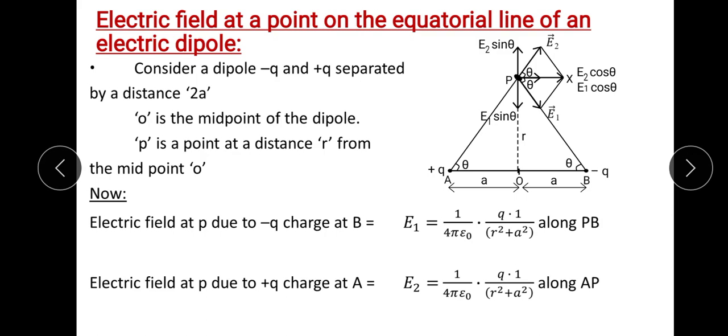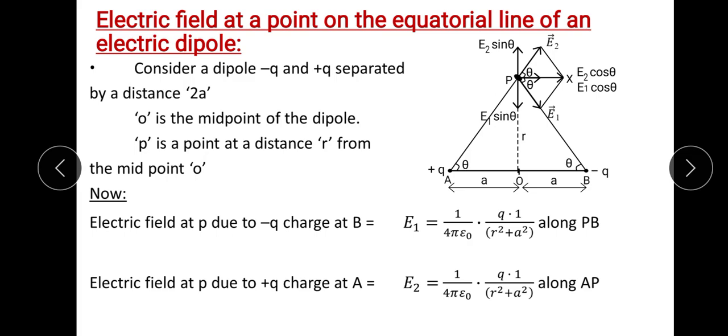Now, the point P is on the equatorial line and we should find the electric field at this point due to the two charges. So before going to that, let us find the distance of this point P from either of the charges. Now you can look at the right angle triangle APO. This is r and this is a.